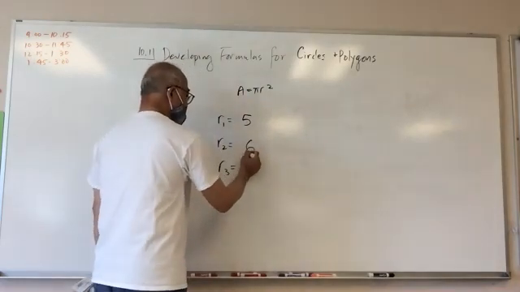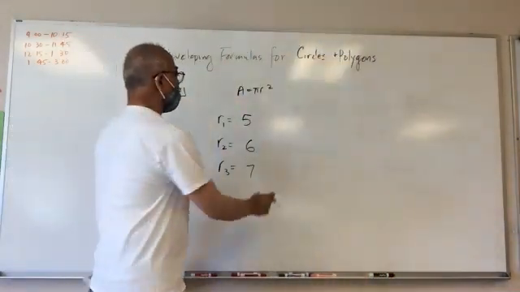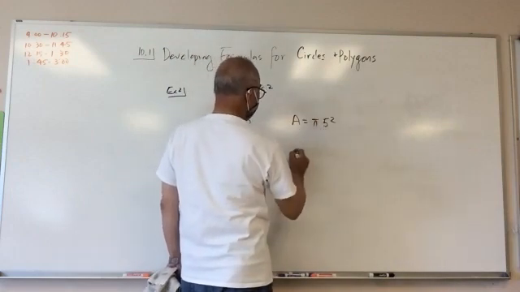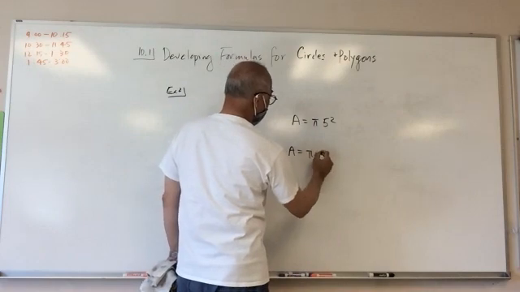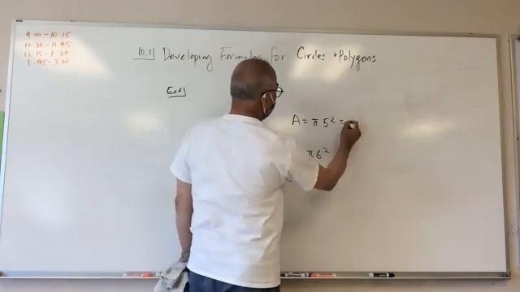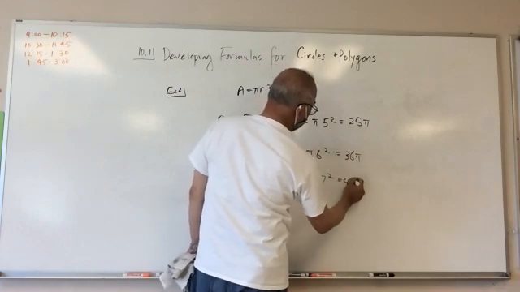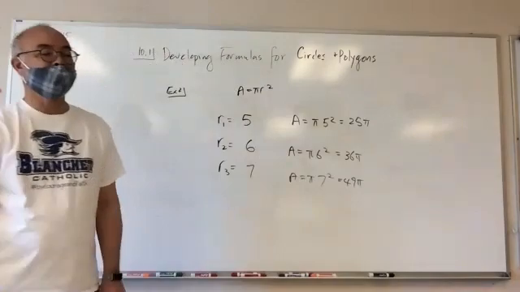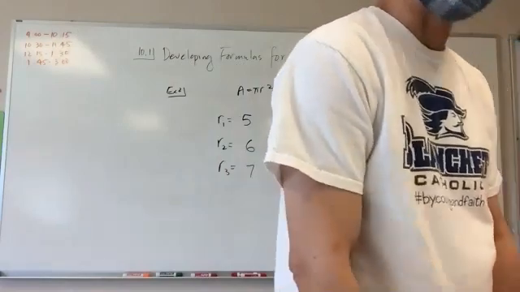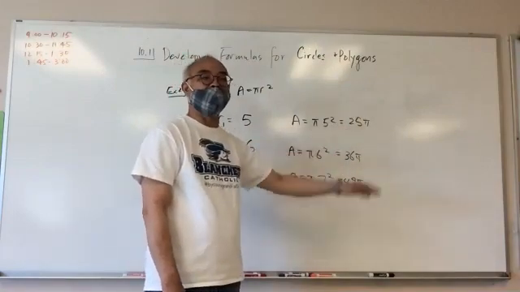Next one would be 6 and then 7, right? 10, 12, and 14. So therefore, the area of this guy is going to be pi r squared. This guy's going to be pi r squared. This guy's going to be pi r squared. It actually tells you on this one, though, to use the 3.14 and round to the nearest 10. Then you would have to actually plug in the 3.14 and do the arithmetic.